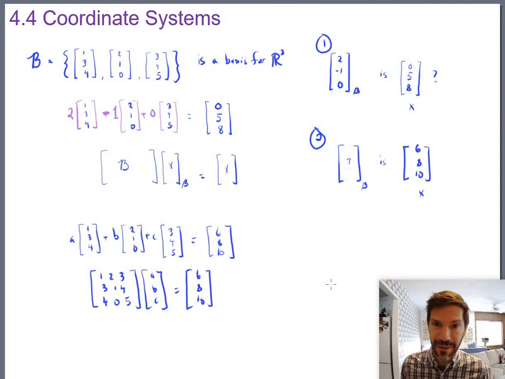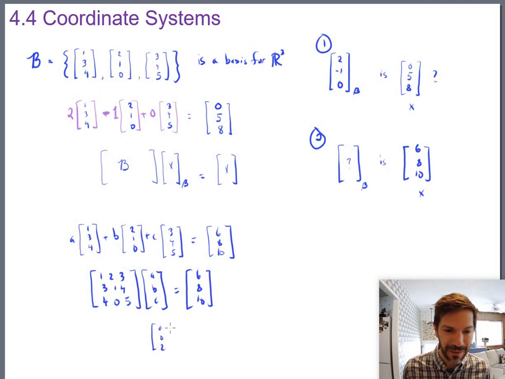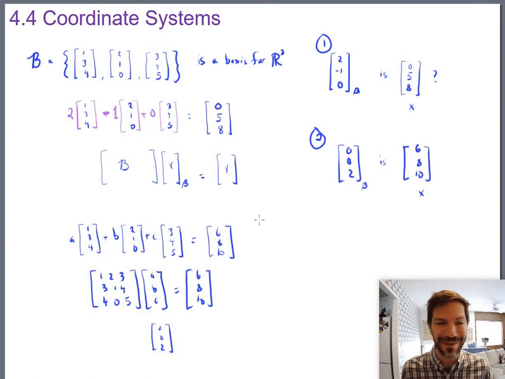I just happened to give myself a softball example because 6, 8, 10 is 2 times the third vector, so this will end up being 0, 0, 2. But in general, if you can't eyeball the solution, then you either row reduce or use the inverse matrix. So those are two of the types of problems that you will get on the homework.